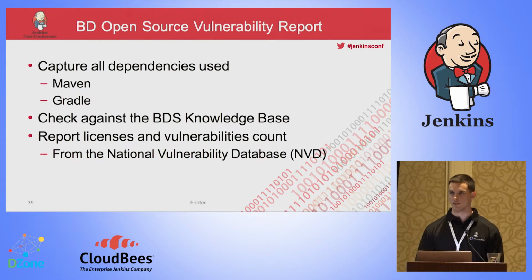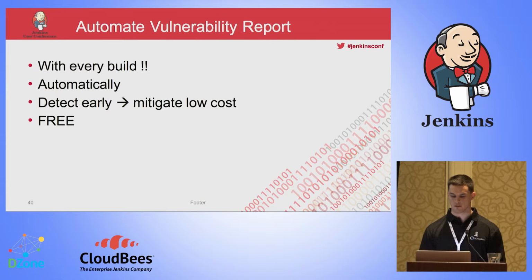And what you get back in the UI is a nice report including all of the licenses and all the vulnerability counts. Unfortunately, we only provide the counts. If you want more information, you would have to do that manually. And this is all coming from the National Vulnerability Database with the CVEs.